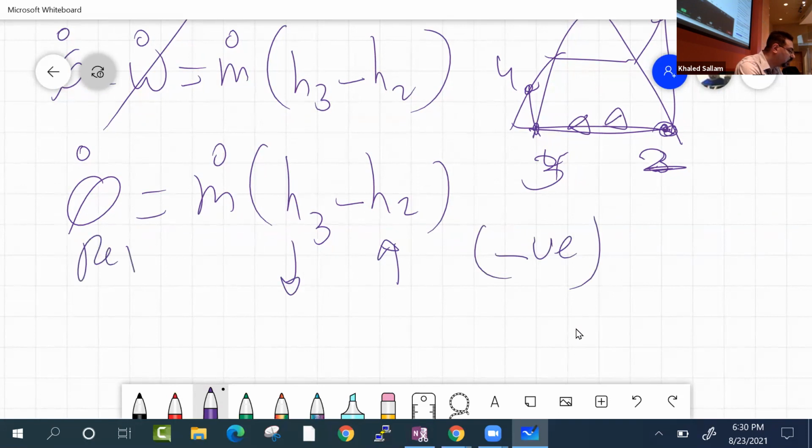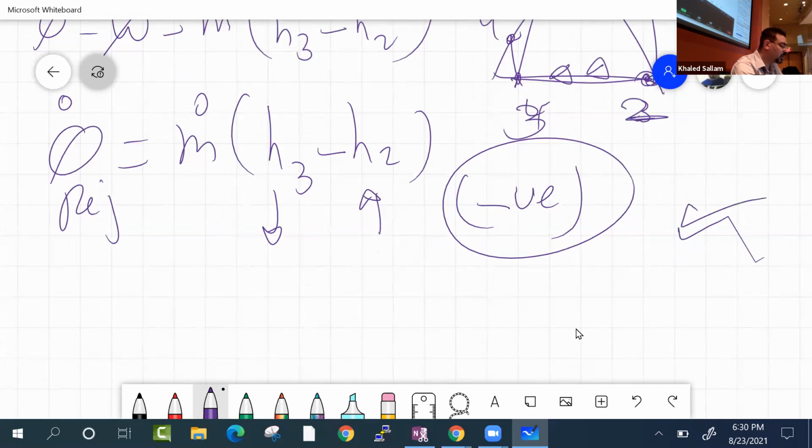Q rejected or Q condenser is going to be negative, minus 400 or something, kilowatt. And that's okay, right? Because the first law says that if you reject heat, it should be negative. But here's the confusing part, guys.